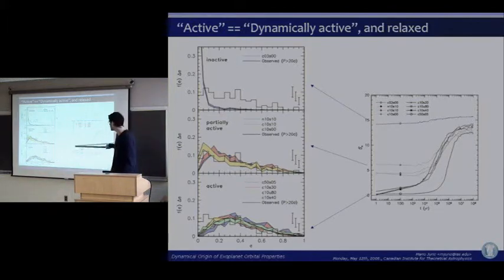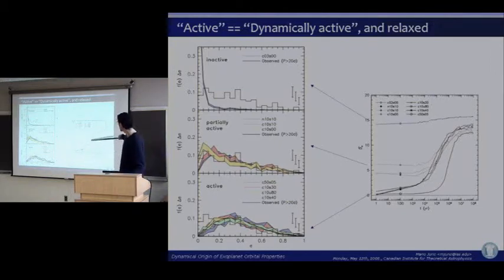So I argue that this is a sign that these are a product of dynamical activity, and that this is why these eccentricity distributions look so similar, despite them starting from different initial conditions.